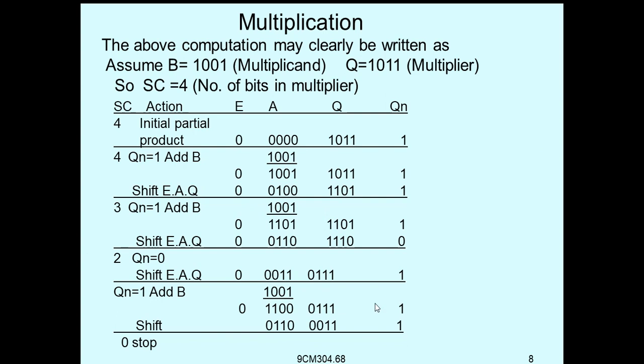If you understand the flow chart, we can do this process easily. If you forget the flow chart, you will be confused. Only if you remember the flow chart correctly can you easily do this multiplication operation. Thank you.